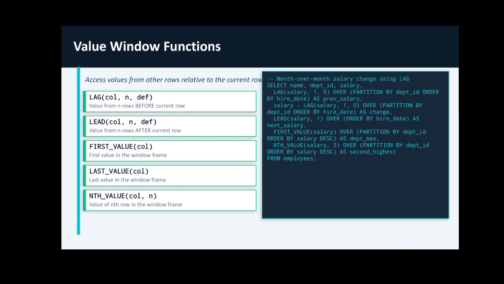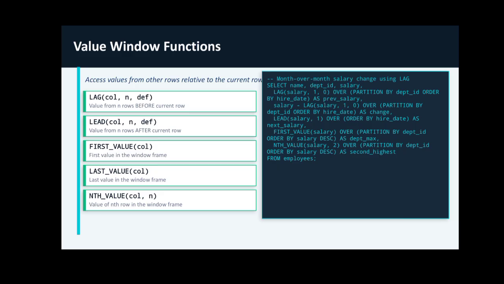Value functions allow us to access data from other rows relative to the current row without a self-join. For example, LAG retrieves the value from n rows before the current row, ideal for period over period comparison. LEAD retrieves the value from n rows after, useful for forecasting or next period analysis. FIRST_VALUE and LAST_VALUE return the first or last value in the window frame.